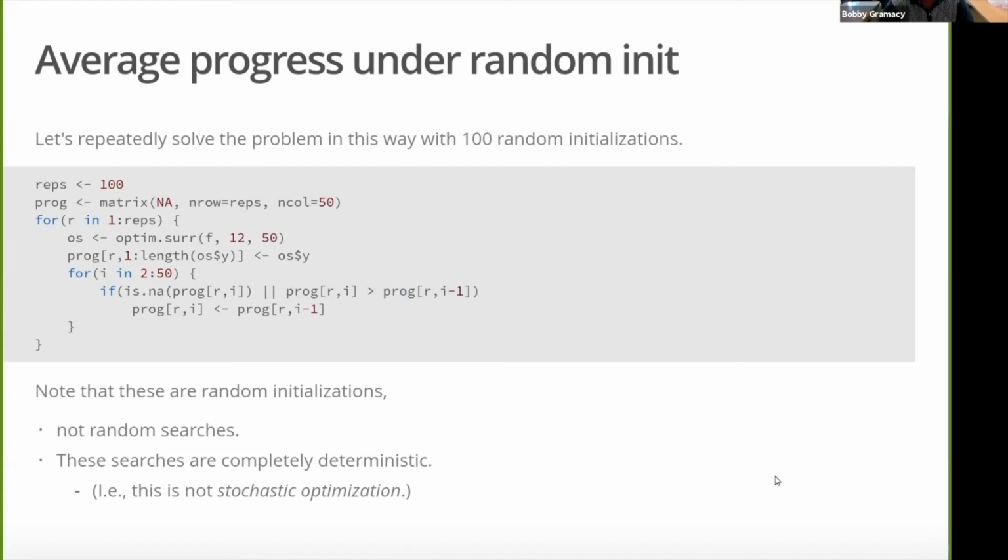I'm going to do 100 of these optimizations of the same function f, starting with 12 and doing as many as 50 evaluations, maybe fewer. And I want to see what answers it gives me. Now, the starting 12 is always random. So the way the thing is initialized is what's uncertain, where the variability is going to come from. The algorithm is not making random decisions.